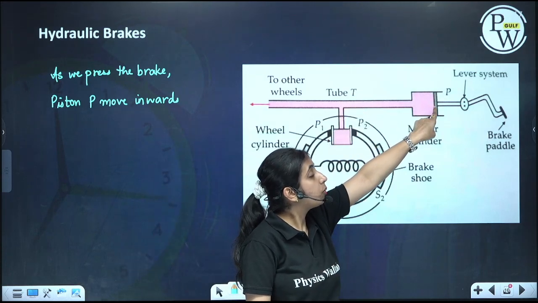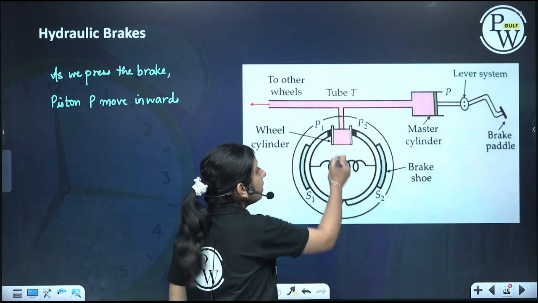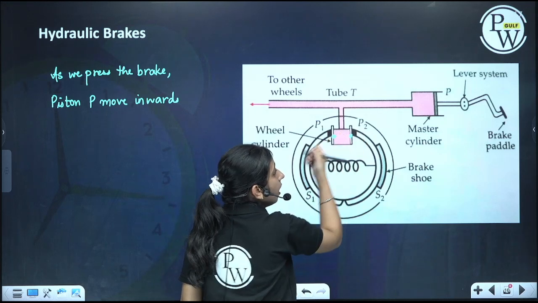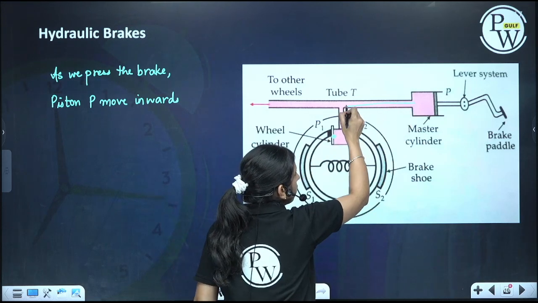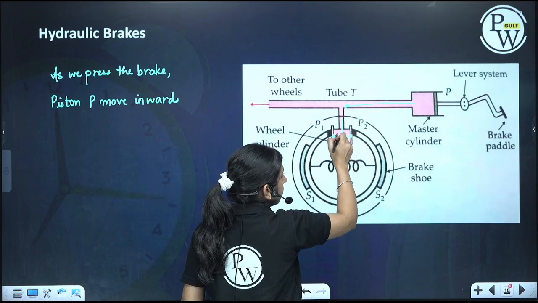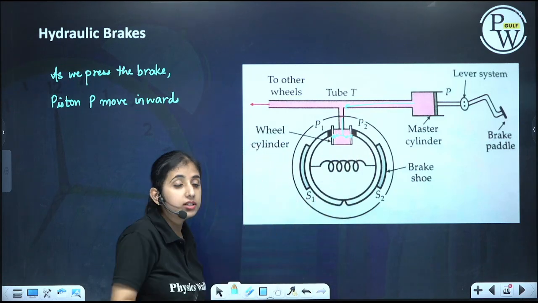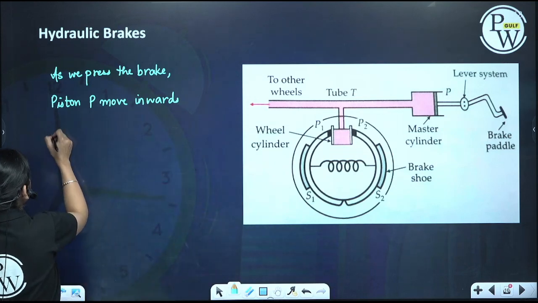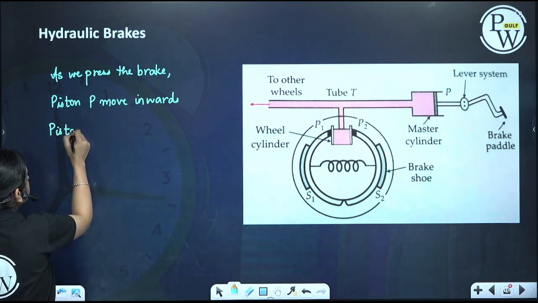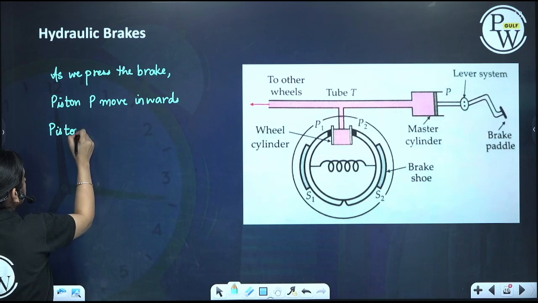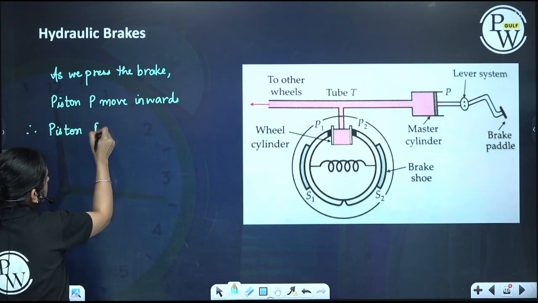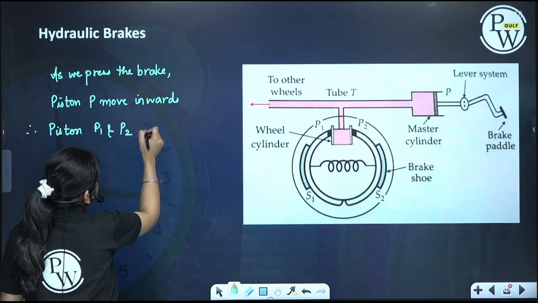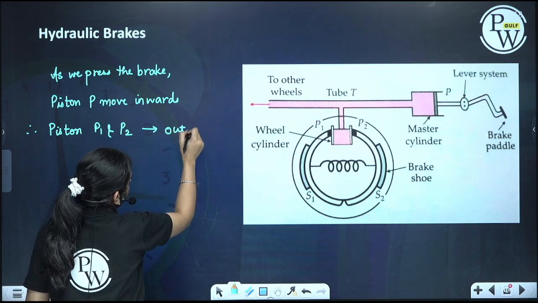Pressure exerted at one point of the liquid will be transmitted equally at other points. The liquid will exert a pressure outwards on the P1 and P2 pistons, so pistons P1 and P2 will move outwards.